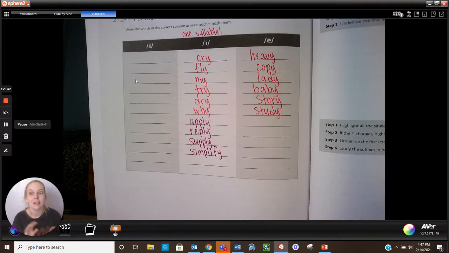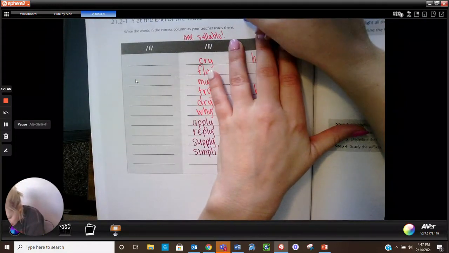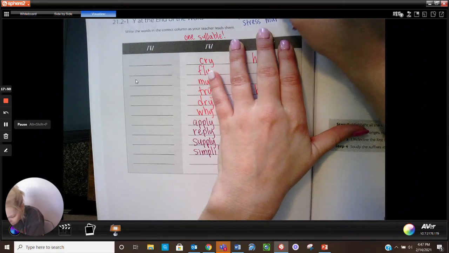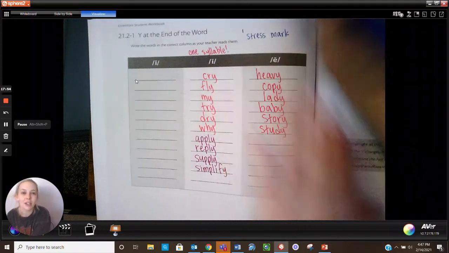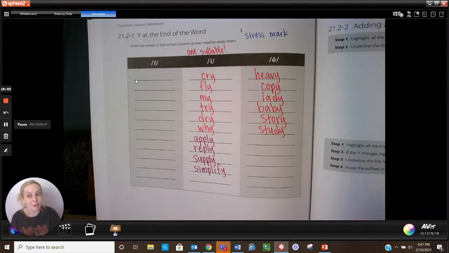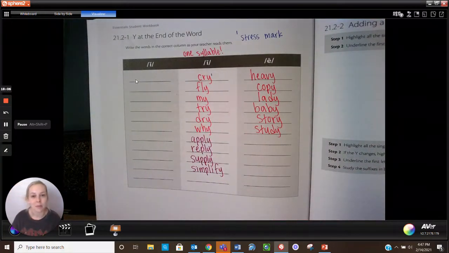Just know that the symbol we use is the stress mark, okay? Here, we'll write it up here. So this little kind of dash is the stress mark, all right? So first word, cry. Obviously, there's only one syllable, but my mouth did open really large. So we're going to put that little stress mark there.